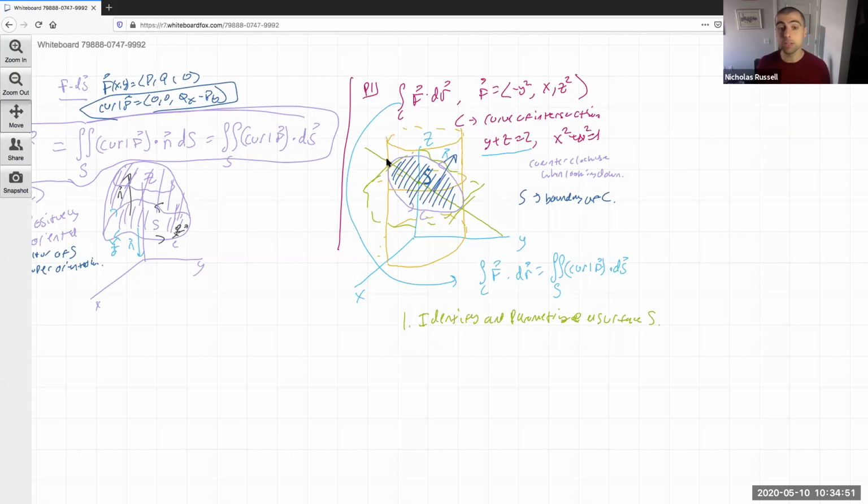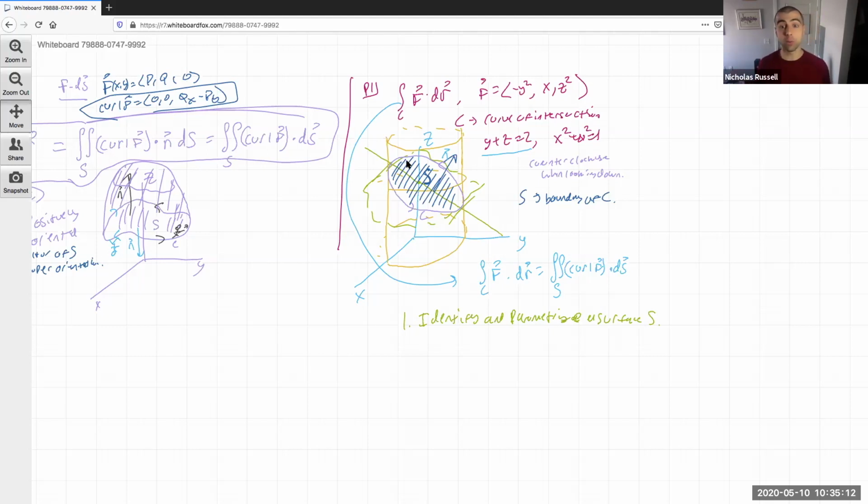So this is my surface here. Let's parameterize this surface. Well, what is this surface specifically? I hope you'd agree, it is just the plane. It's not the cylinder. The surface is the plane y plus z equals 2.